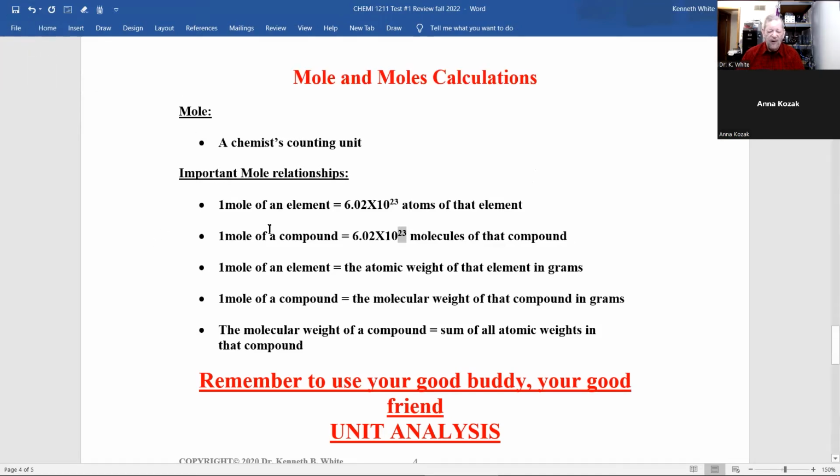And 1 mole of an element equals Avogadro's number. You should know 6.02 times 10 to the 23rd is Avogadro's number, a great Italian chemist or scientist, I think they call it back then, who was very instrumental in determining what a mole is. And that's why it's called his number, even though he didn't discover that number, he was instrumental in what led up to that discovery.